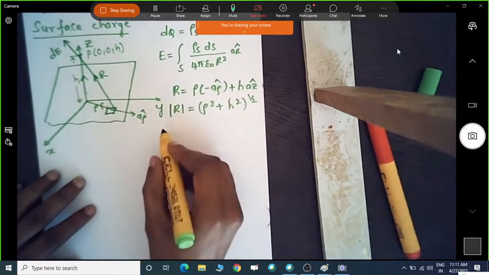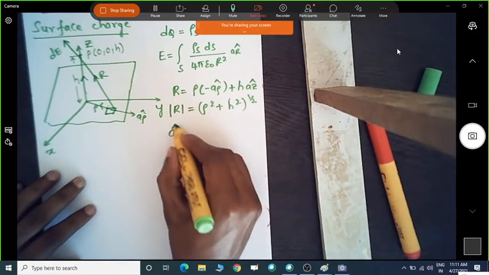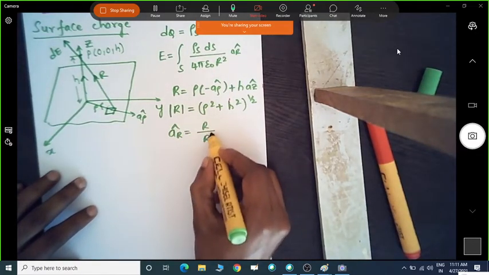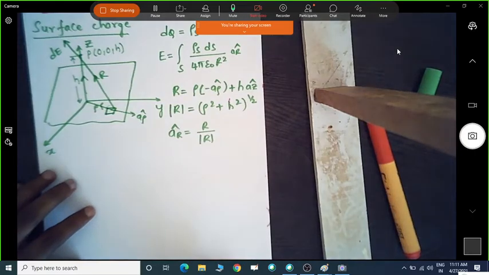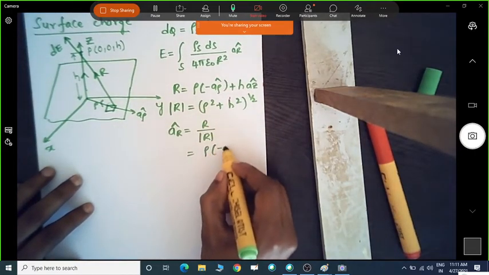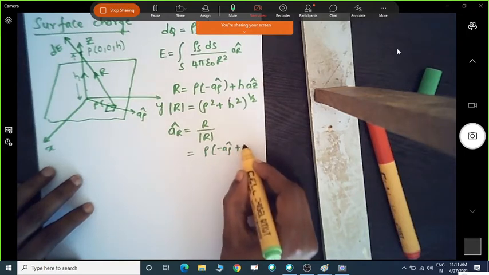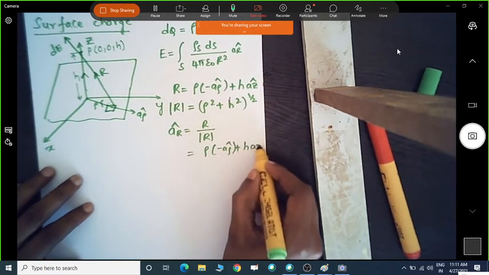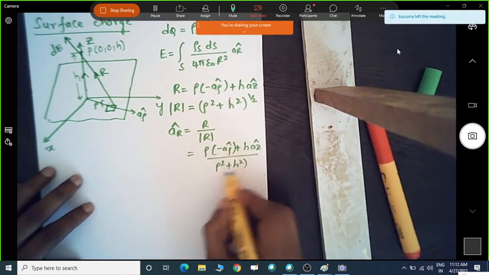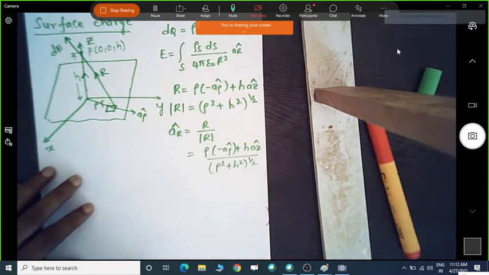Similarly, for the unit vector direction, we write the vector r by the magnitude of r. So this is rho into minus a_rho plus h into a_z, divided by (rho square plus h square) whole power half.